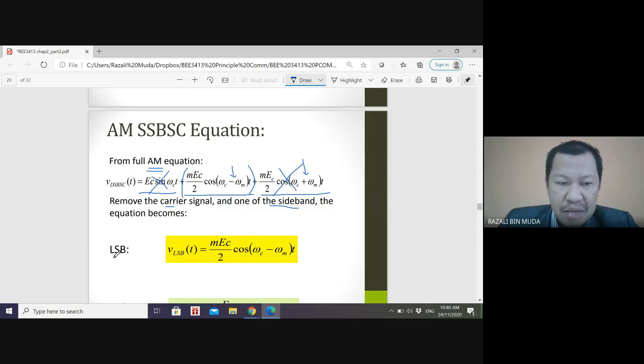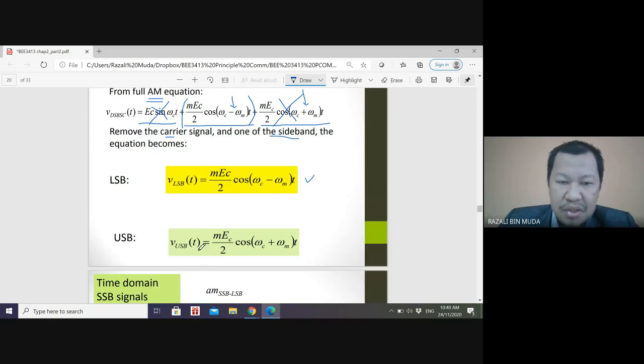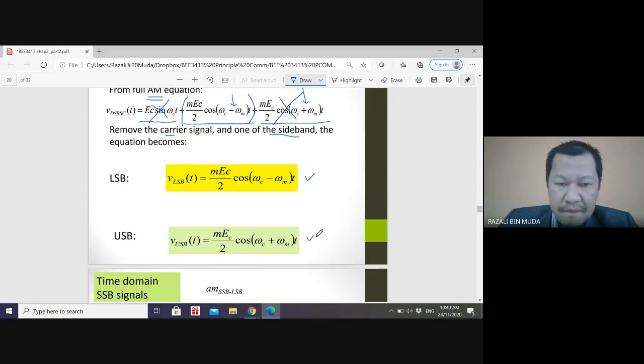The equation becomes lower sideband: mEc over 2 cos of (omega C minus omega M) t. Or you can remove the lower sideband and you have the upper sideband: mEc over 2 cos of (omega C plus omega M) t. You remove this part and you get the upper sideband.